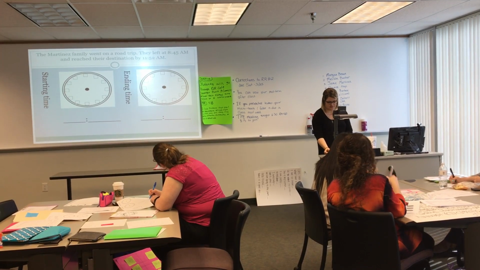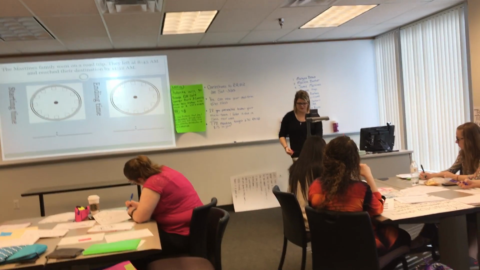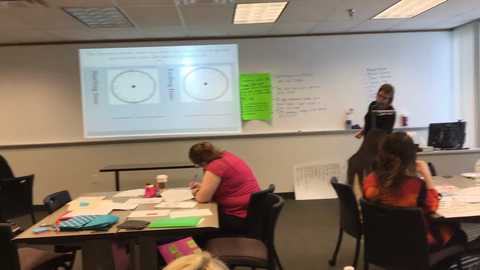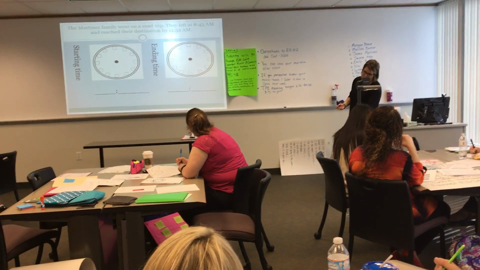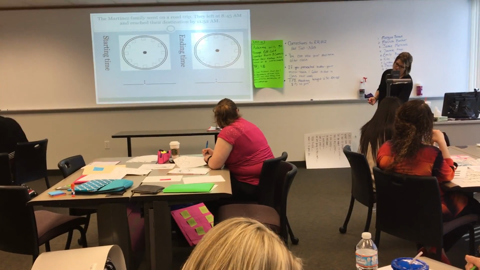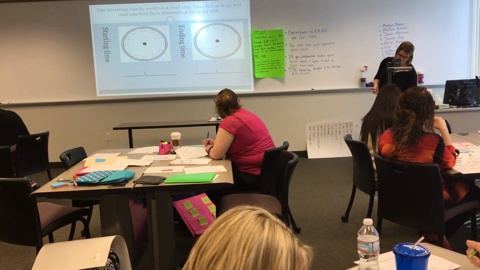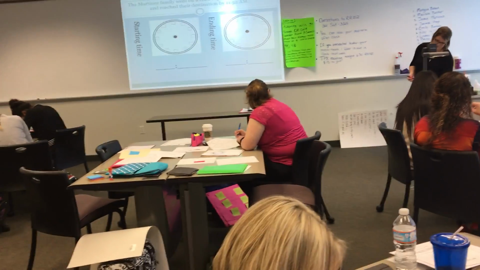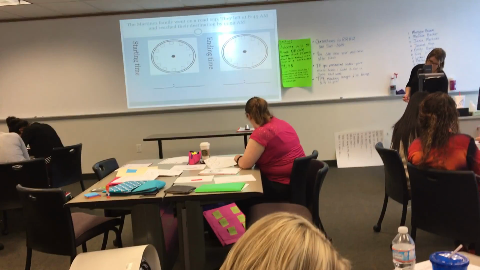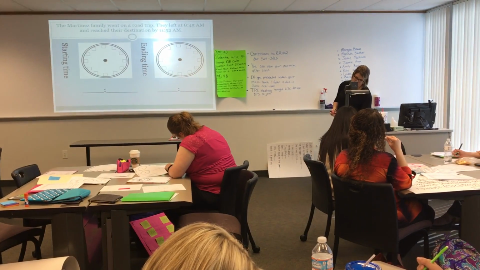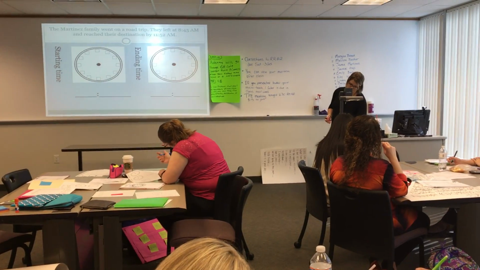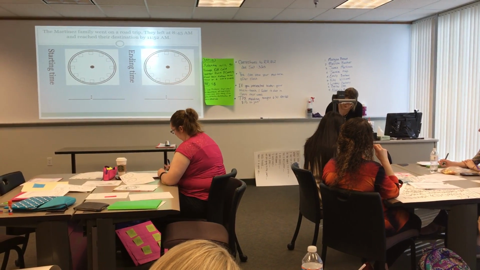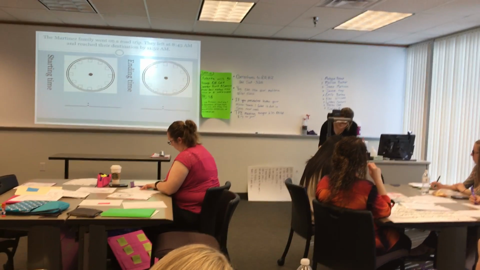Right here, we can subtract the minutes. So 52 minus 45 would be 7. So the difference in time between the minutes is 7. And then the difference in time between the hours, 1, 2, 3. So it'd be 3 hours and 7 minutes.